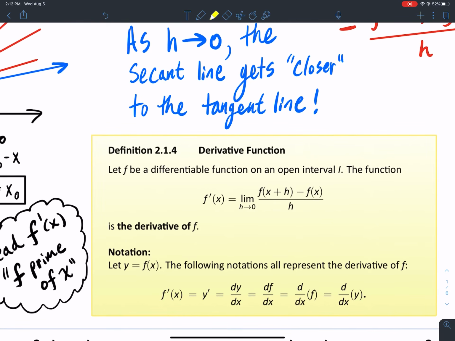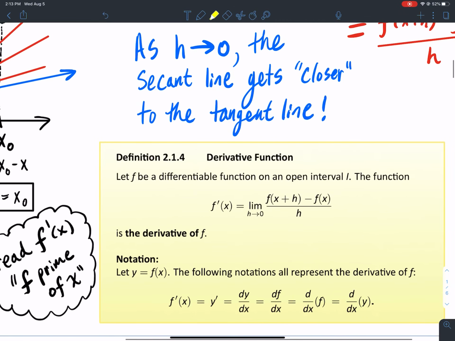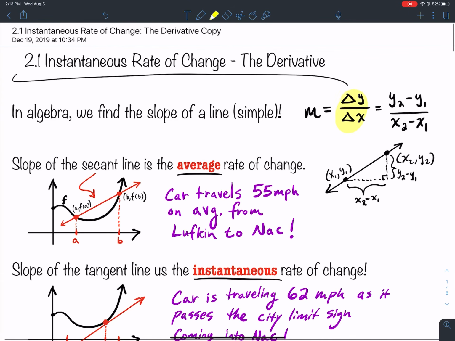Okay, now there are several notations here, and you are expected to know each of these notations. So all of these represent the derivative of f. F prime of x, y prime, dy dx, that's like the change in y divided by the change in x that we talked about at the very beginning when we talked about algebra slope, dy dx.